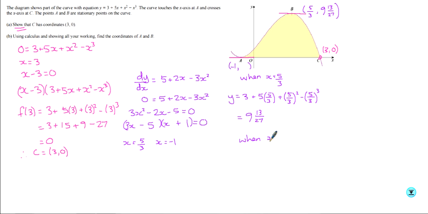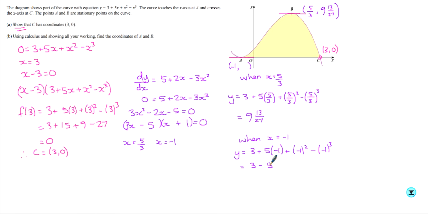So when x is -1, we can have exactly the same thing. So y is going to be 3 plus 5 lots of -1 plus -1 squared minus -1 cubed. I'm going to do this without a calculator.